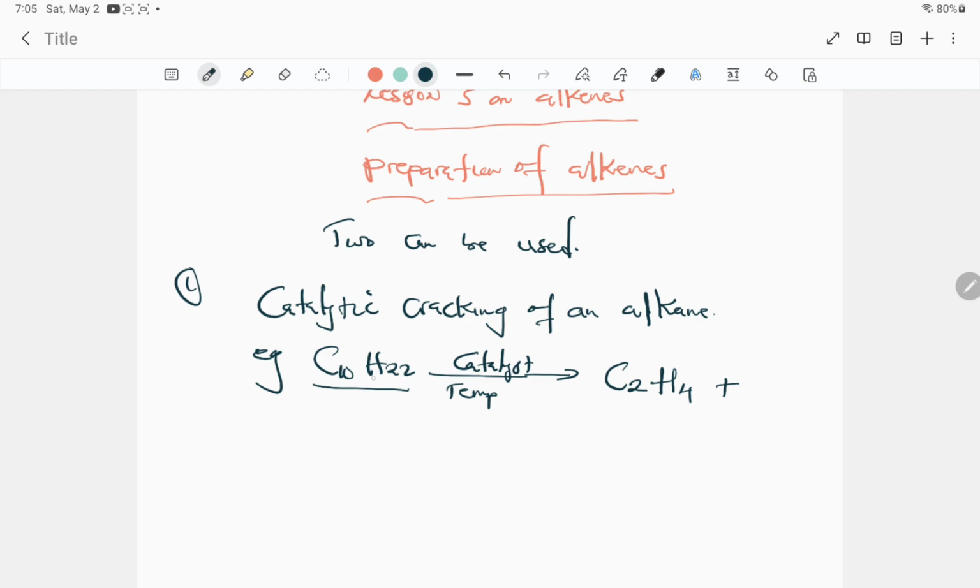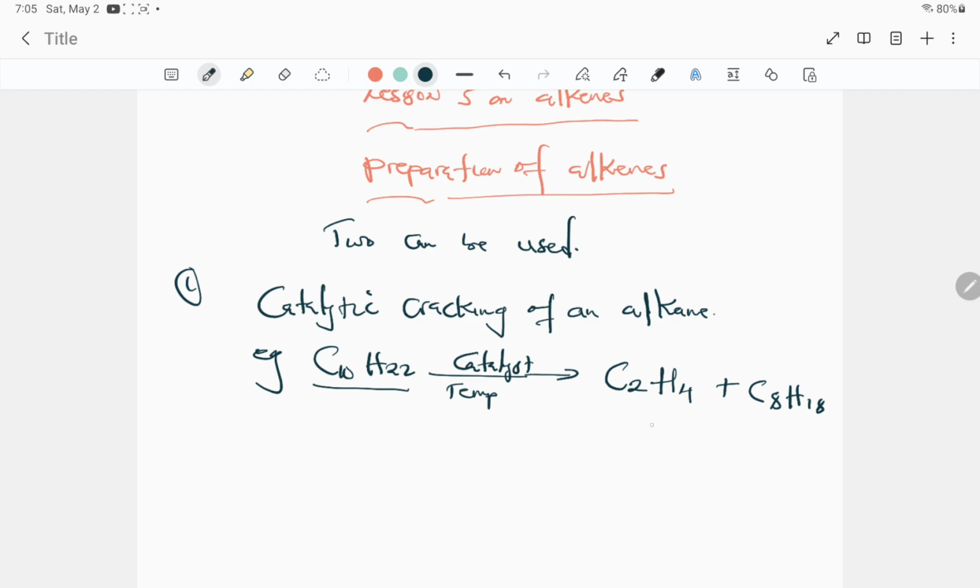We have C10H22, meaning we have removed 2 carbons, so we are remaining with 8. Then 22 minus 4 gives us 18.